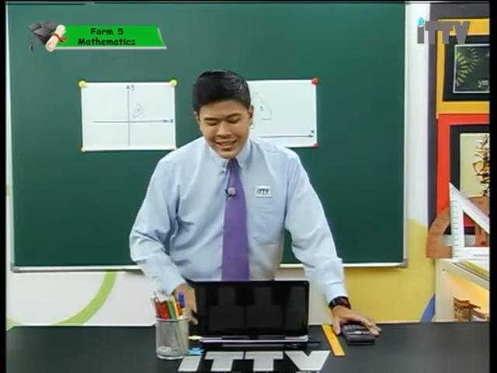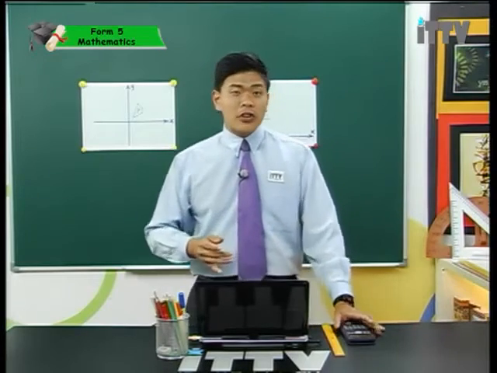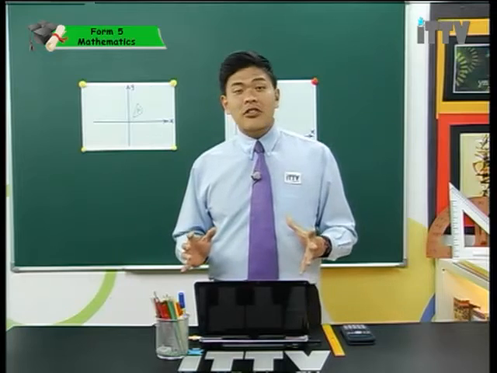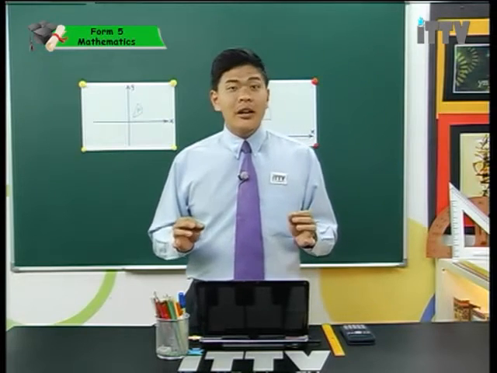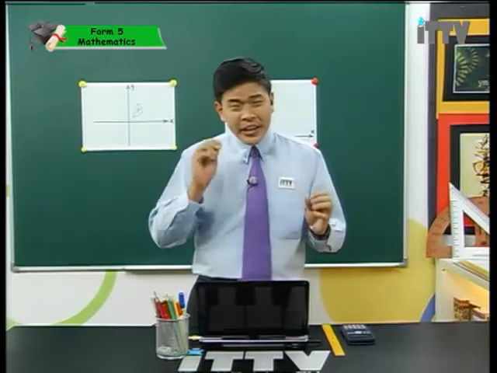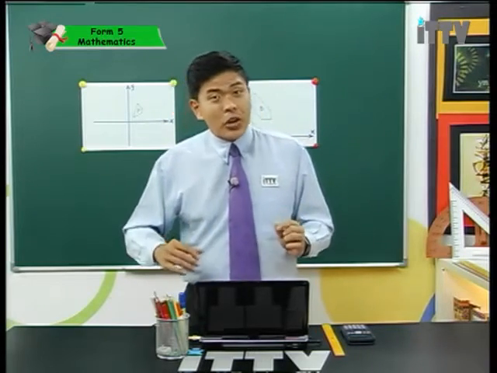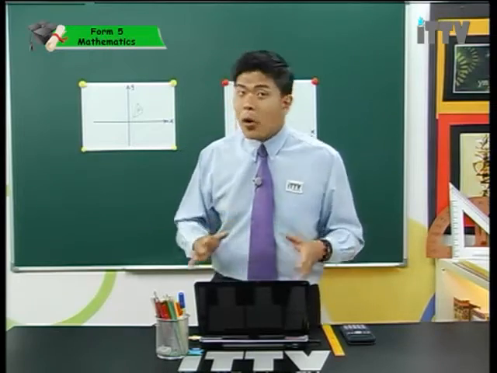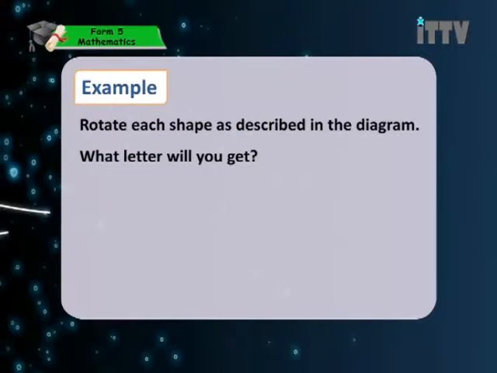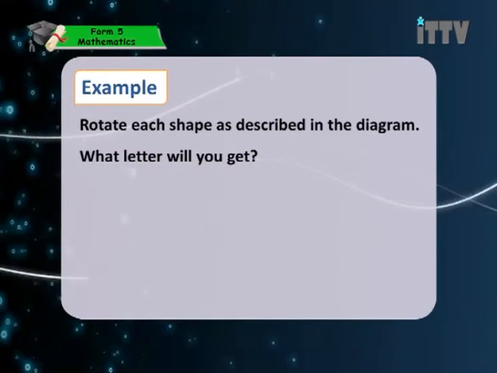Now let's take a look at another example, and I want you to try to visualize it. Guys, remember that in rotation and in transformations in general, what is very important is the ability to visualize and to be able to catch where the image will be, and it always comes naturally with more practice. Let's take a look at this example. Rotate each shape as described in the diagram.